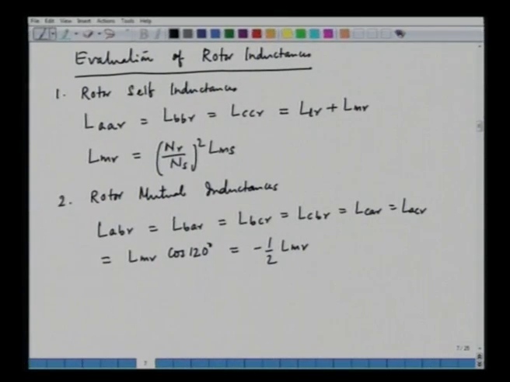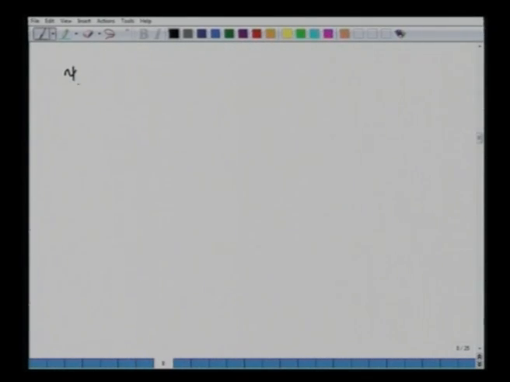So, this is what we have found out, and then we can find the mutual inductance between the rotor and the stator. So, that we can see here, psi ABCR of S. If you fill up this particular matrix, that will be the mutual inductance between the stator and the rotor.